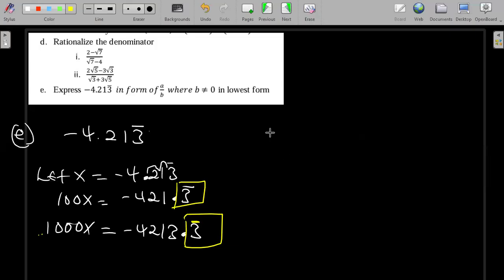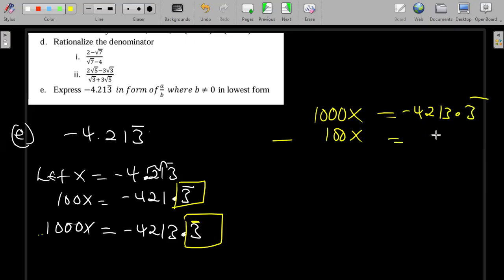So now subtract this bigger number from the smaller number. We are going to say 1000x minus 100x, so the 1000x is equal to minus 4213.3 bar, and the 100x is 421.3 bar.